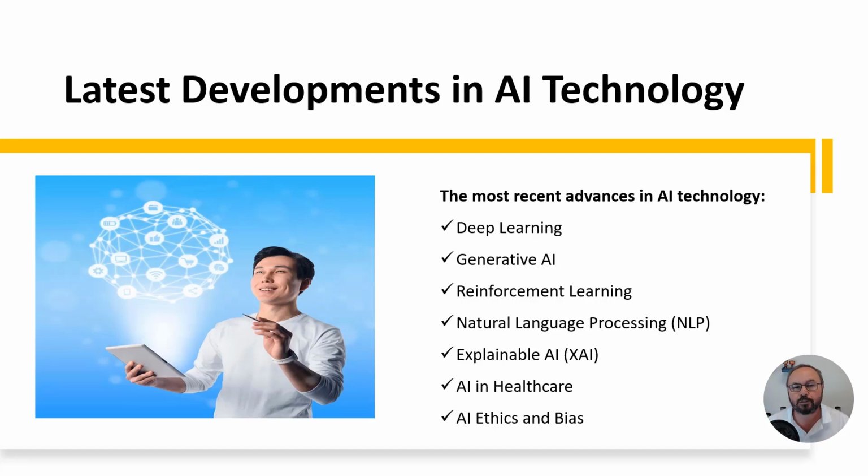So what exactly would be deep learning? Deep learning is really an AI method that enables computers to process data in a number of different ways, but also to try to think like the human brain.